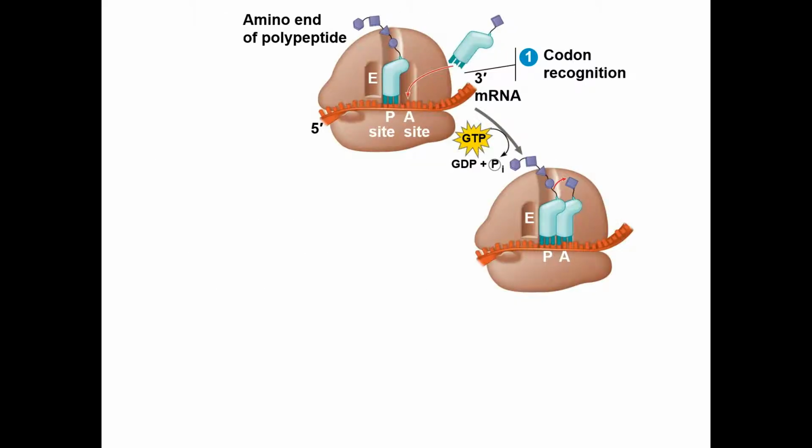Alright, so here you have your pre-existing polypeptide chain attached to your tRNA molecule at the P site. Your new codon sequence on your messenger RNA will have complementary base pairing with your charged tRNA molecule, which will occupy the A site.